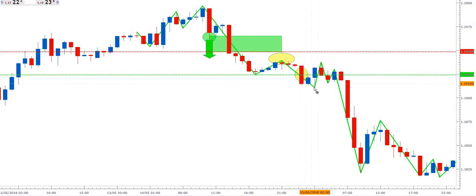Then the price comes up, doesn't break our stop loss, and it comes down and doesn't break our previous low. But then the price comes up and then does break this low. So let me just go through that again. So the price comes down to this point, comes up, makes a high, then the price comes down and breaks the previous low.